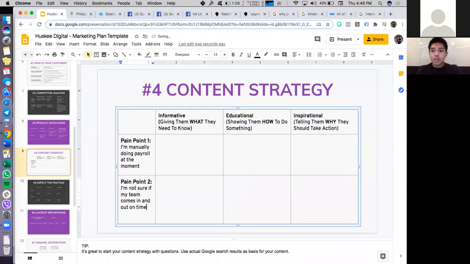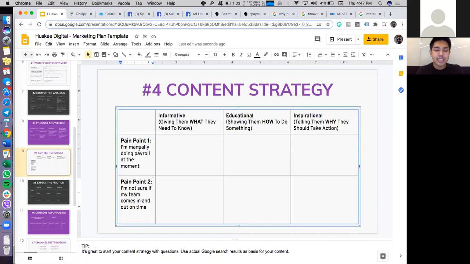So when you have these as your pain points, you want to ask yourself, what are some of the what, how, and why questions that they typically ask around this pain point? It doesn't necessarily have to hit that pain point exactly, or it could be a topic around it that could lead them to that question.